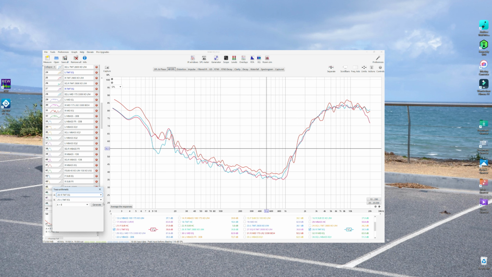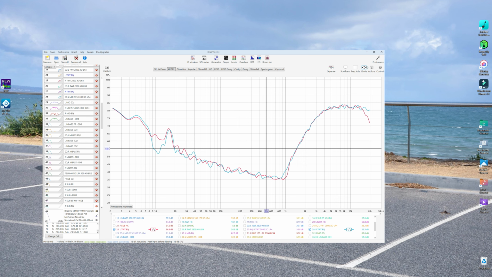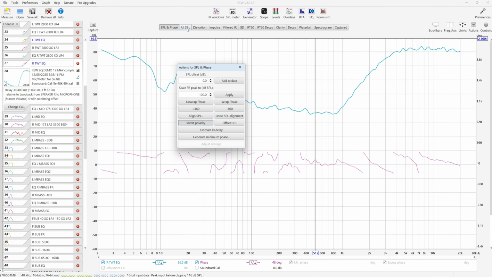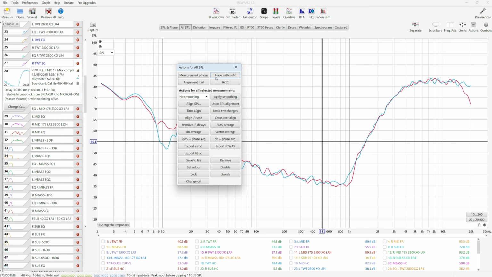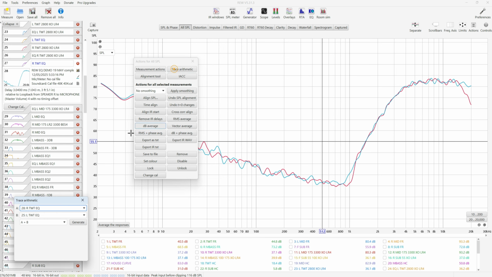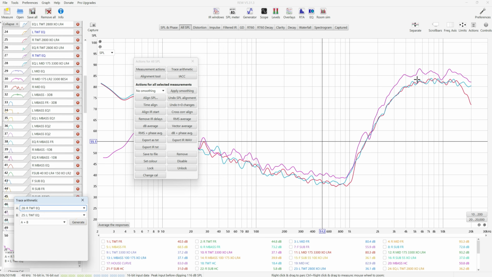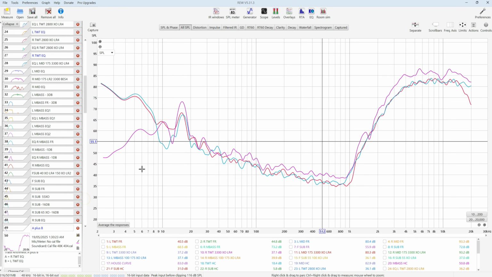If they are, and they're playing 3 to 6 dB louder, then you probably don't have a polarity problem. If they are playing about the same level or less than the individual speakers that you measured, then you probably have one of your speakers polarity flipped incorrectly.